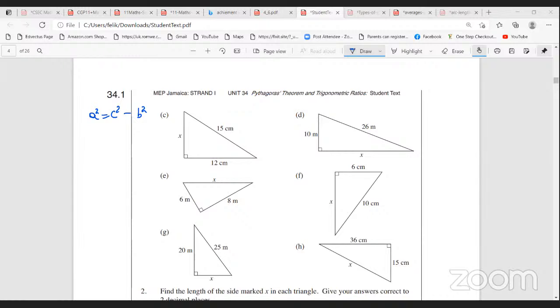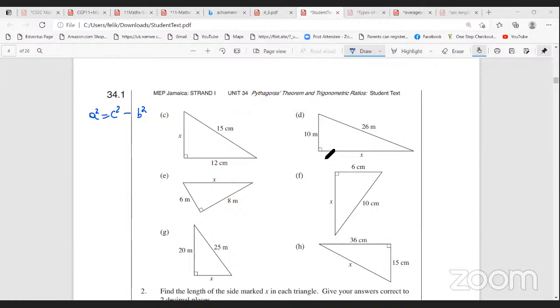Peter? Yes, miss, I'm working it out. I'm at the ending first. X squared equals 121.